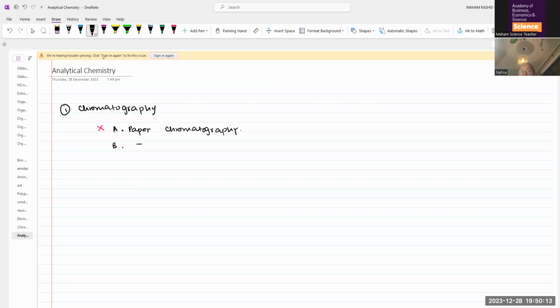Then there is TLC, which is thin layer chromatography. This is in the syllabus. And then we have GLC, that is gas liquid chromatography. This is also in the syllabus.